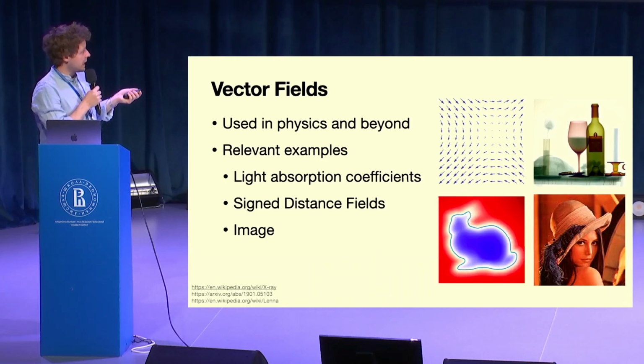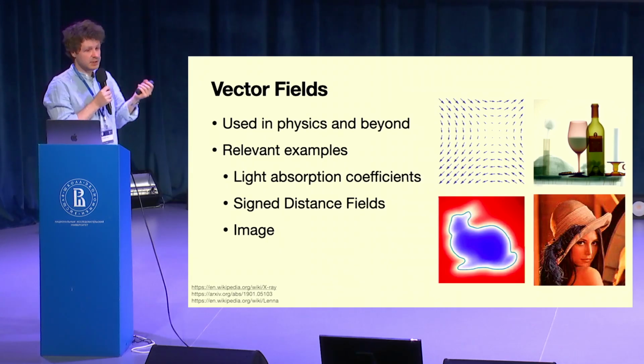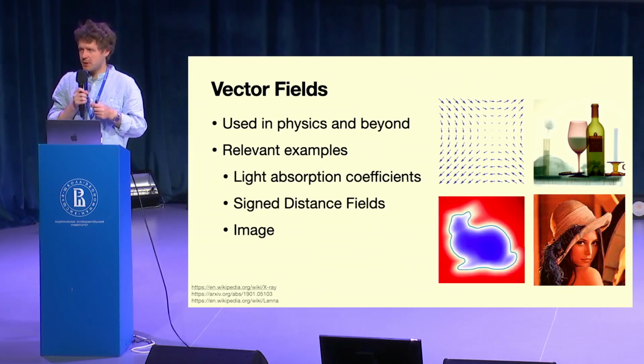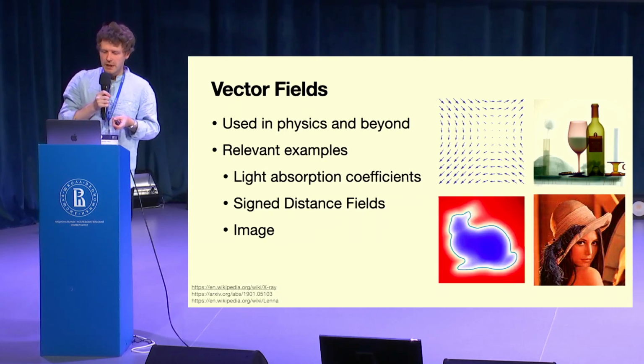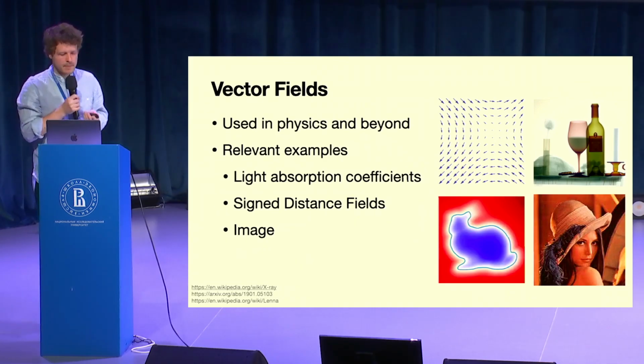We'll say that at each point in the space, the value that the field returns is a distance to the closest point in space. These additional assumptions allow us to design more efficient rendering algorithms, and it's a quite useful representation in computer graphics.